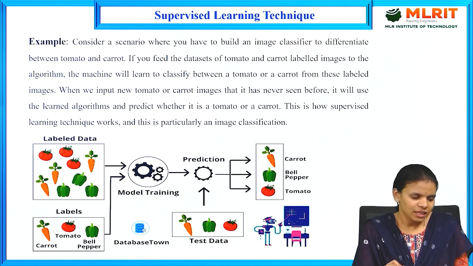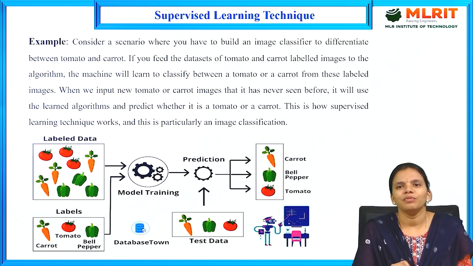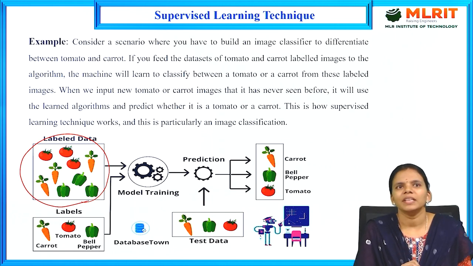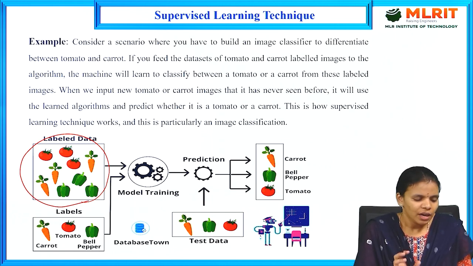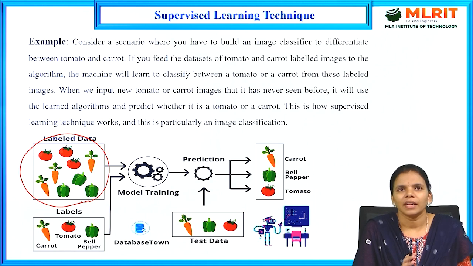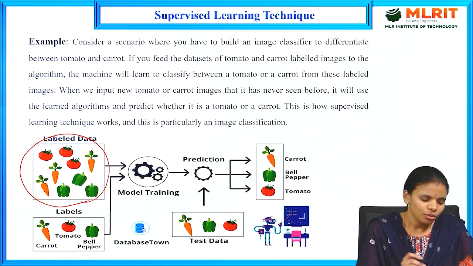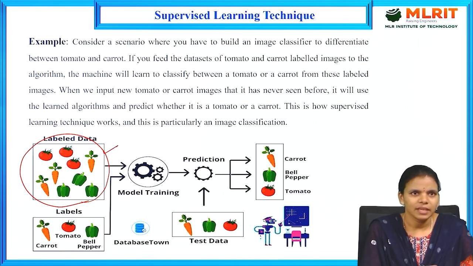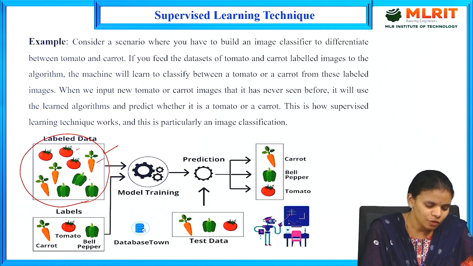So this is an example. Consider a scenario where you are going to build an image classifier to differentiate between multiple images. In supervised learning technique, we already know that we are using a labeled data set to train the system. Here I'm using this data set, and in this data set I have different types of images.